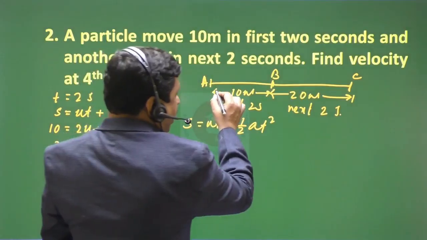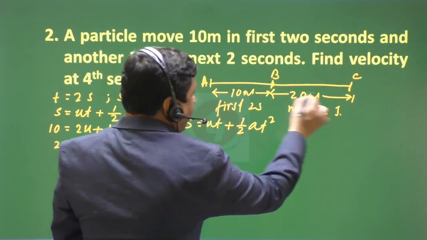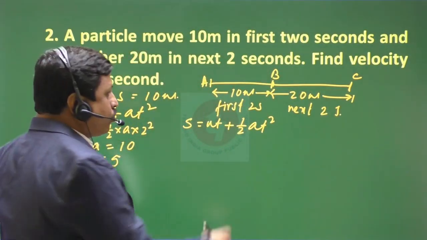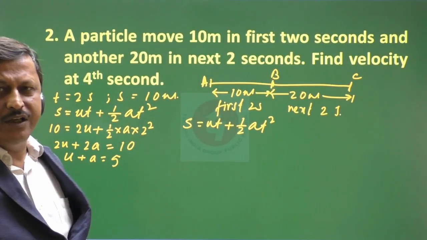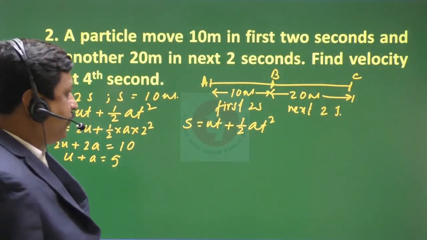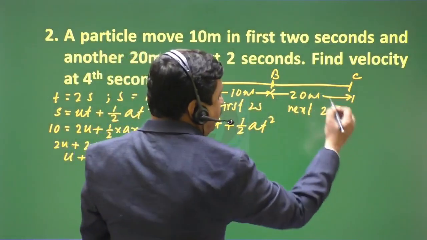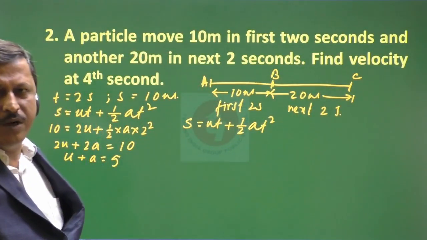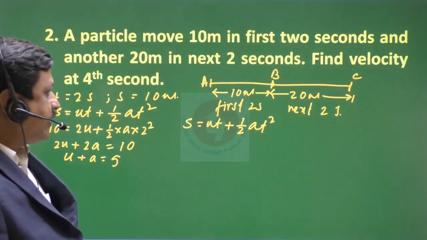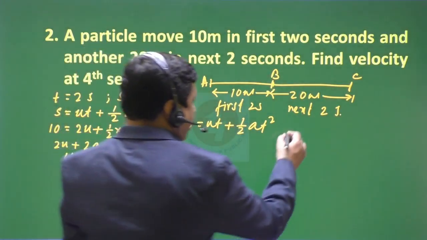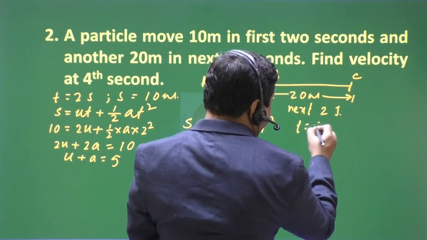The particle moves a total of 30 meter in the first 4 seconds, right? In the first 4 seconds, what will be the total displacement of the particle? That is 30 meter.